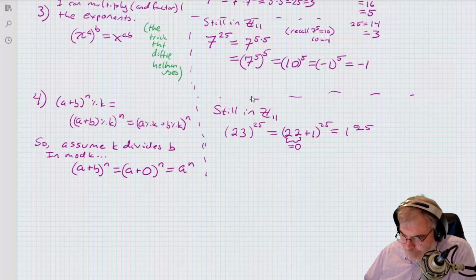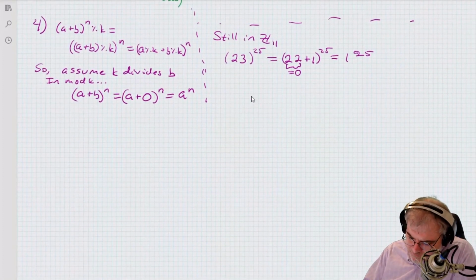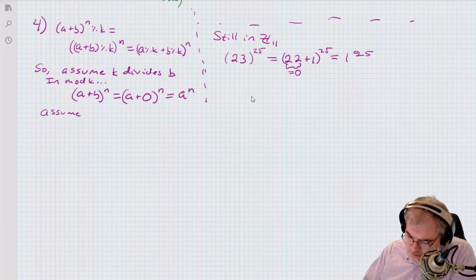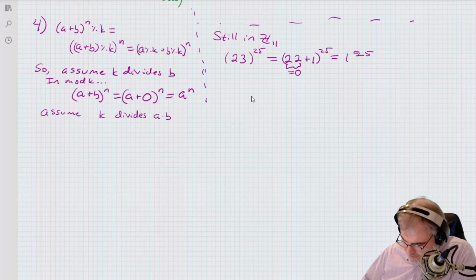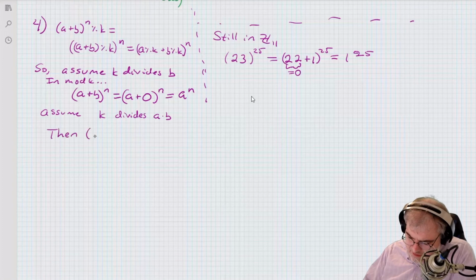Okay. Yeah, that's boring. Here's a really sick one. Assume K divides A times B. Then (A plus B) to the n equals A to the n plus B to the n.